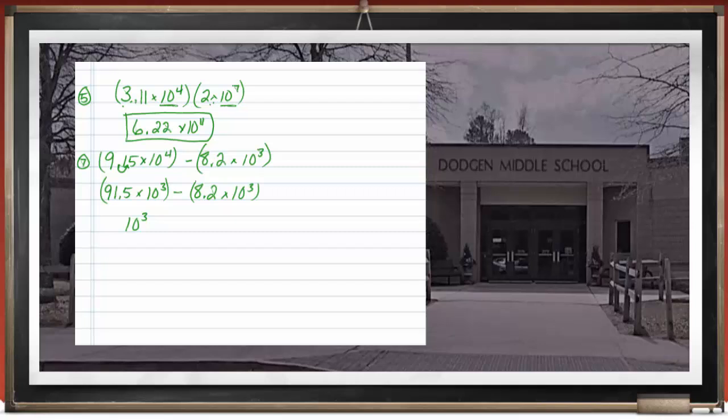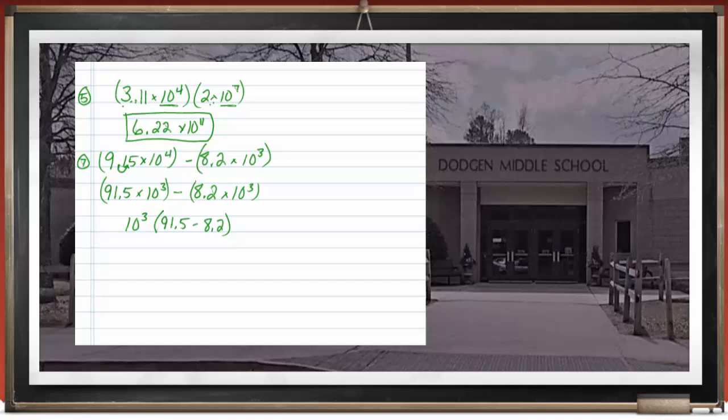And our greatest common factor for both of these terms is 10 to the third power. So if I divide 91.5 times 10 to the third power by 10 to the third power, I'm left with 91.5. And the same with our expression on the right, we would be left with 8.2.